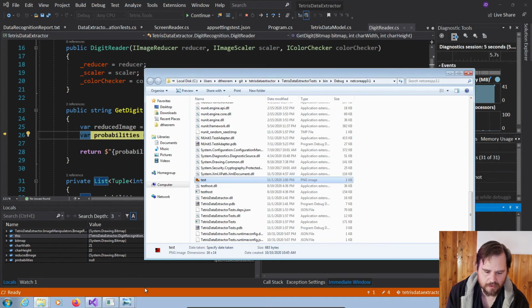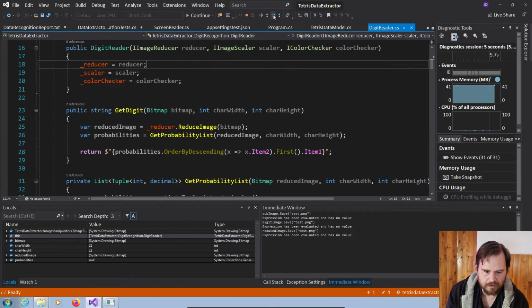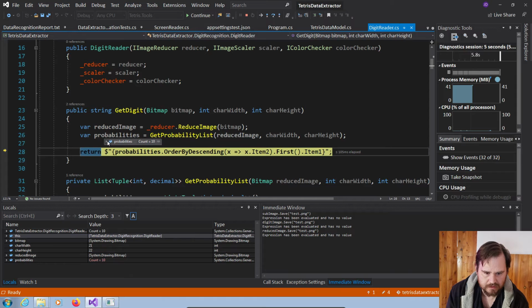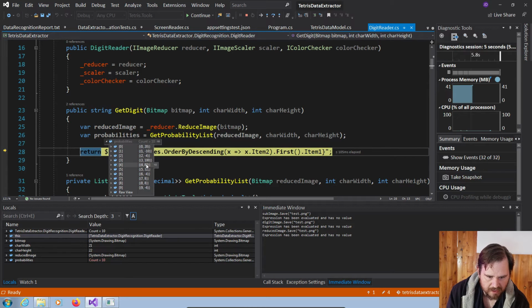I'm curious what the probabilities are. If we find all the probabilities for this, the probability that it's a 4 is 88, and the probability that it's a 3 is a 100.